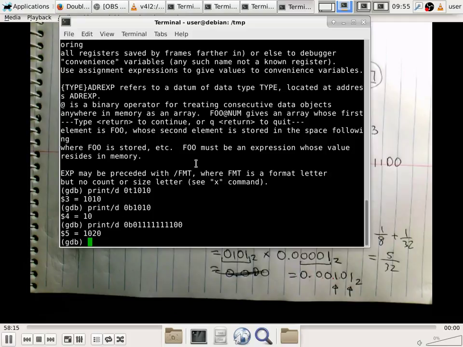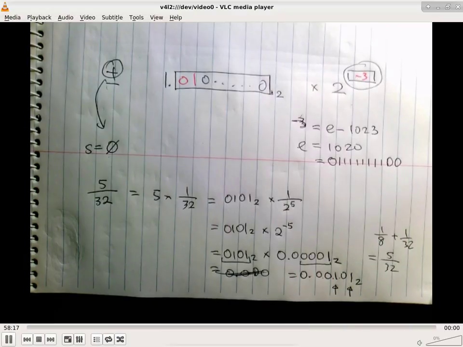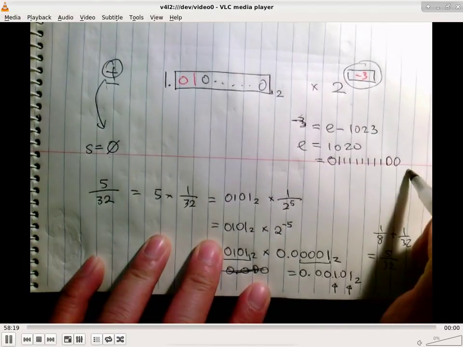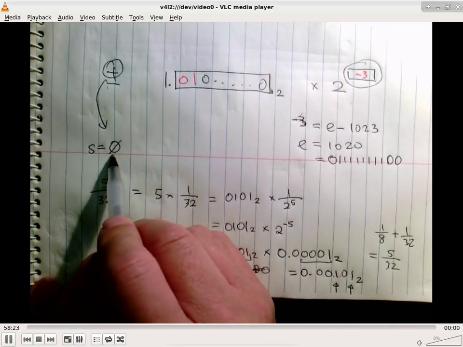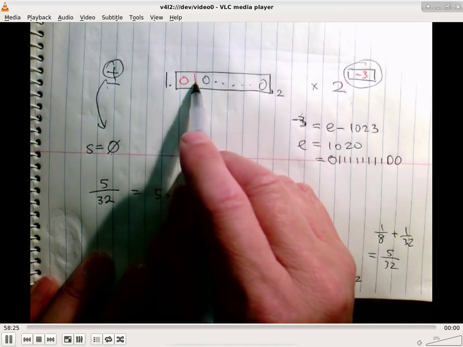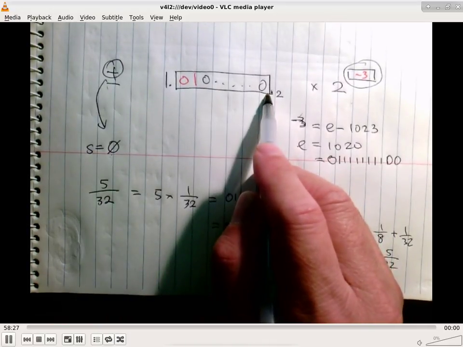Okay. So getting back to the notes here, we know this is the correct pattern for E, and we have a sign of 0, and then we have 0, 1, and then a whole bunch of zeros for the fractional part of the mantissa.